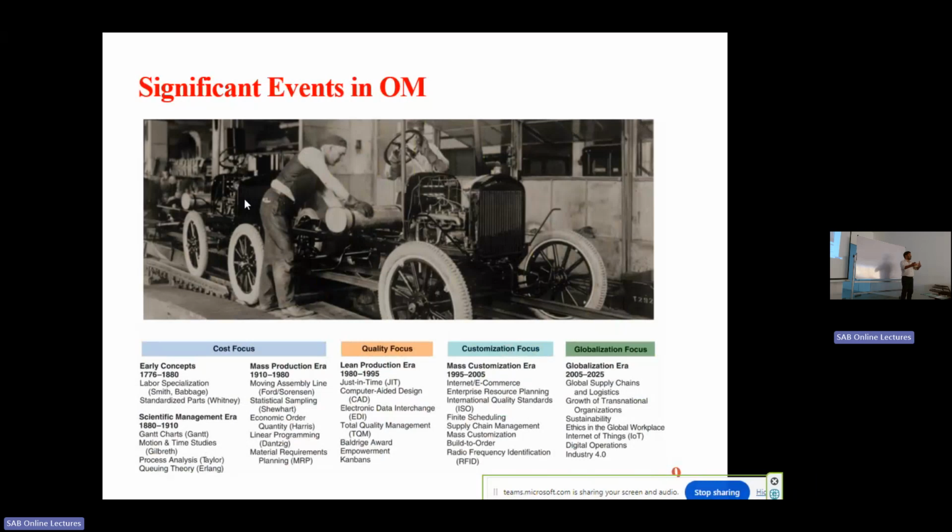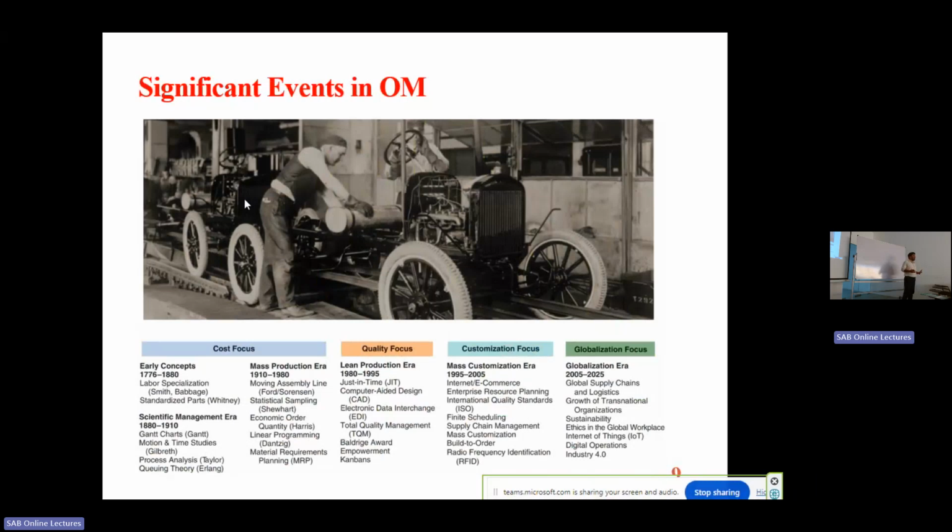But the industries have changed. Now there are many different focuses, especially somewhere in the 20th century. There has been a growing concern on quality in addition to cost. And for that, there are various operations management techniques, methods, and practices, like TQM and many other techniques.